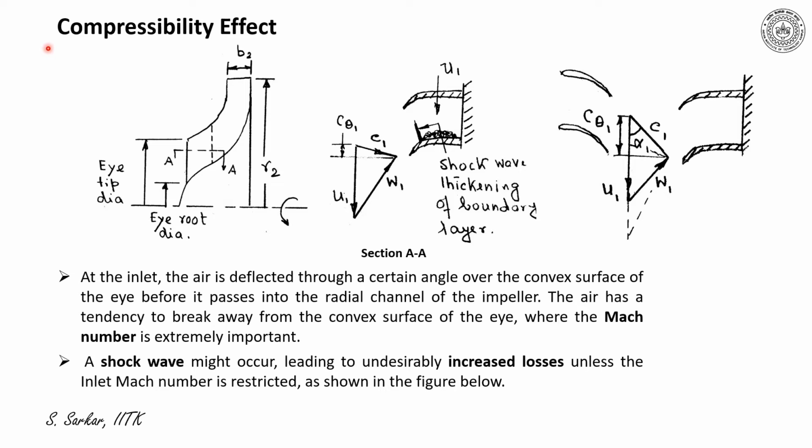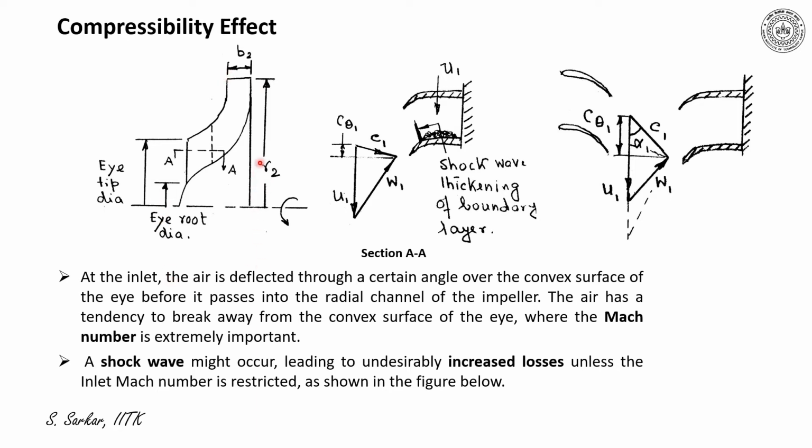To illustrate the compressibility effect of a centrifugal compressor, the meridional section of the compressor is presented here, where I tip diameter and I root diameter have been indicated along with impeller radius and its width.